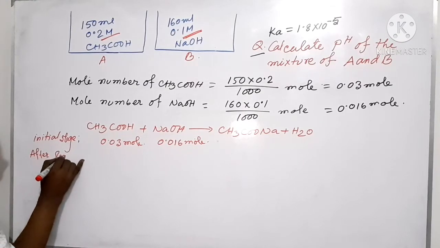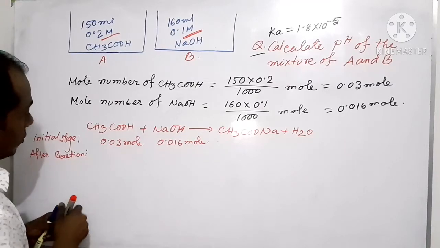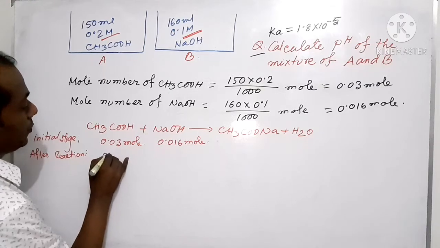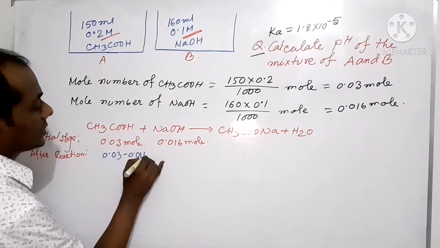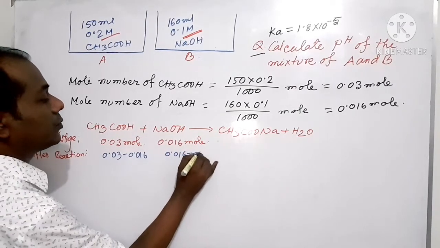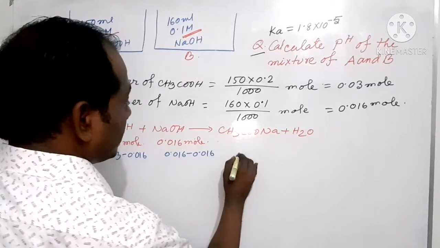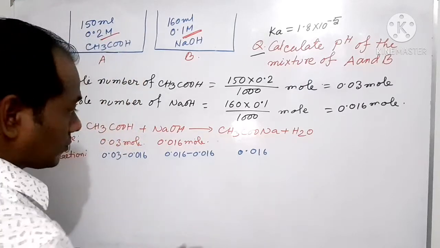After reaction we get here 0.03 minus 0.016, 0.016 minus 0.016, and here we get 0.016 mole.